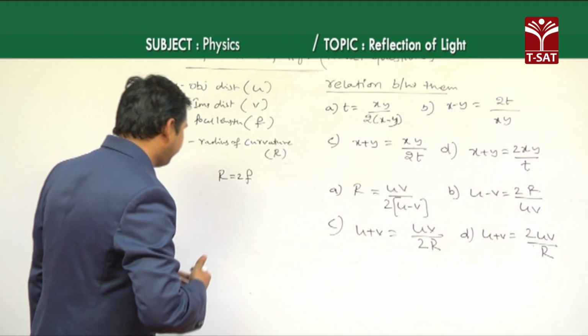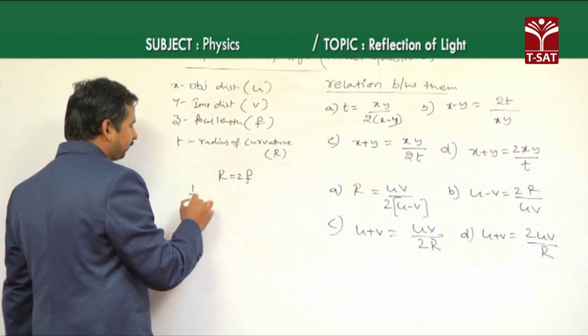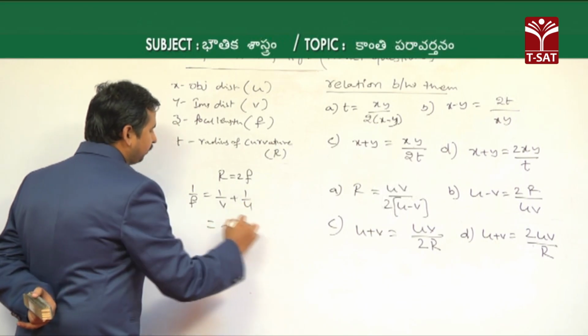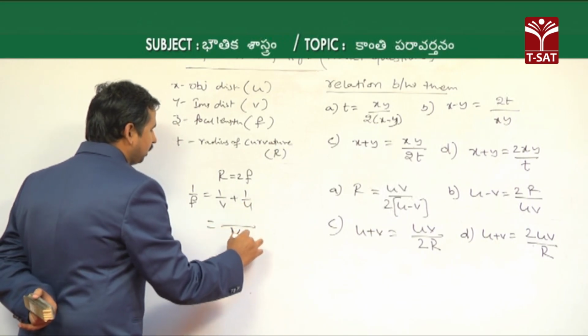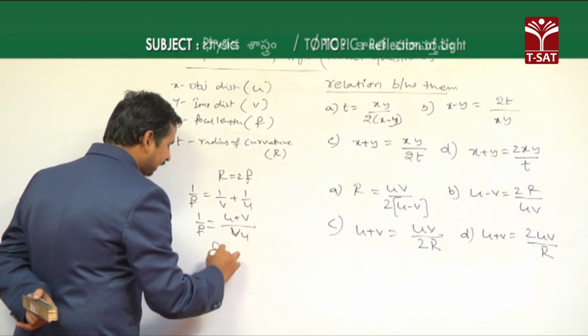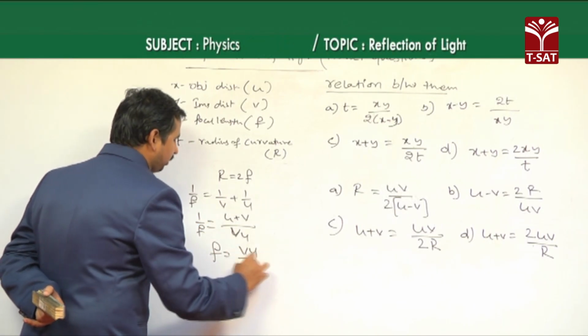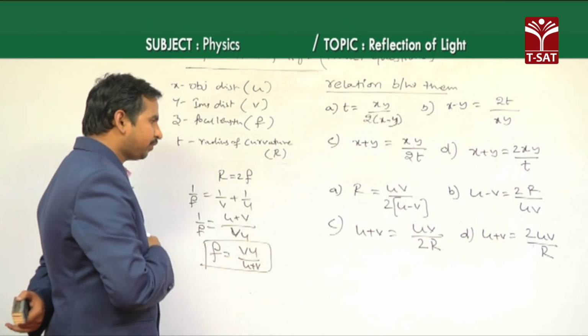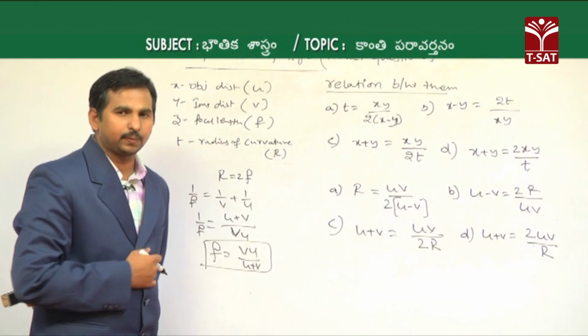Actually, the relation we already know is 1 by f is equal to 1 by v plus 1 by u, of which vu is the LCM, and we get u plus v here, so f is equal to vu by u plus v. This is in terms of focal length, but here it is given in terms of radius of curvature.